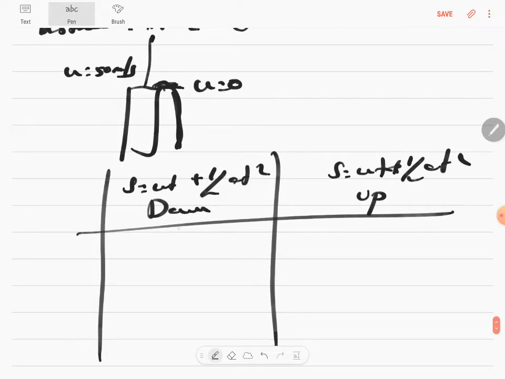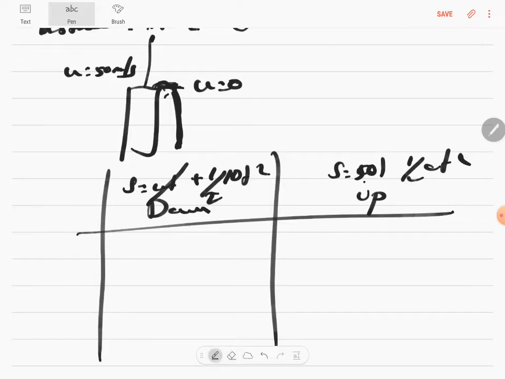For the ball thrown down, u itself is 0. So this is S is equal to half at square only. But this is S is equal to 50t plus half at square. And you know, for a ball thrown down, a is g, which is plus 10. For a ball thrown up, it's minus 10.